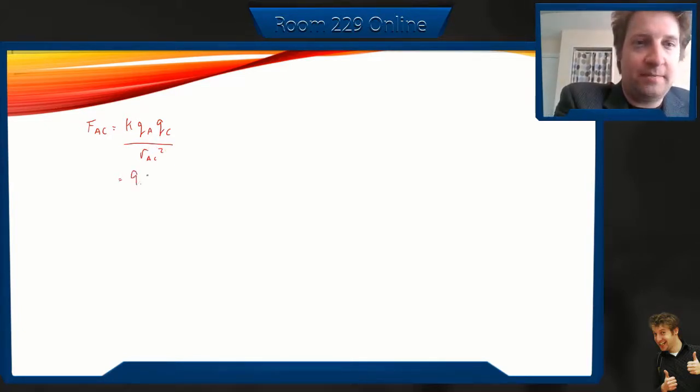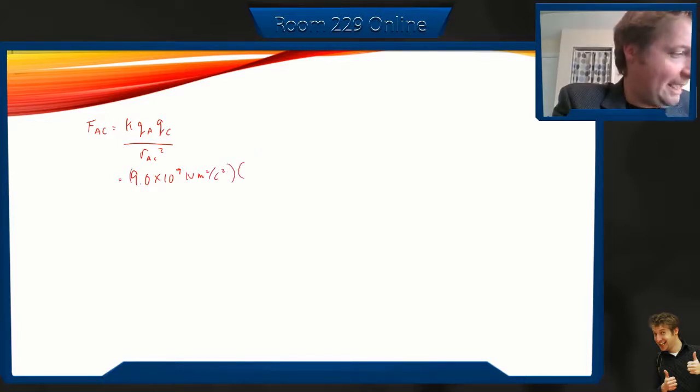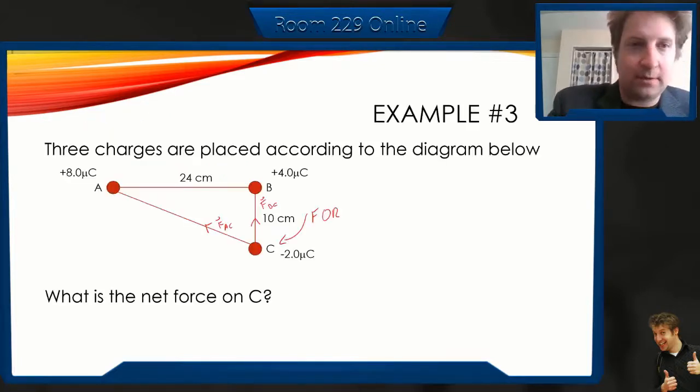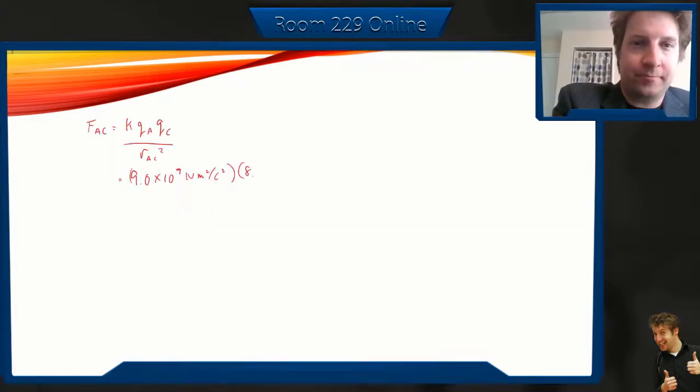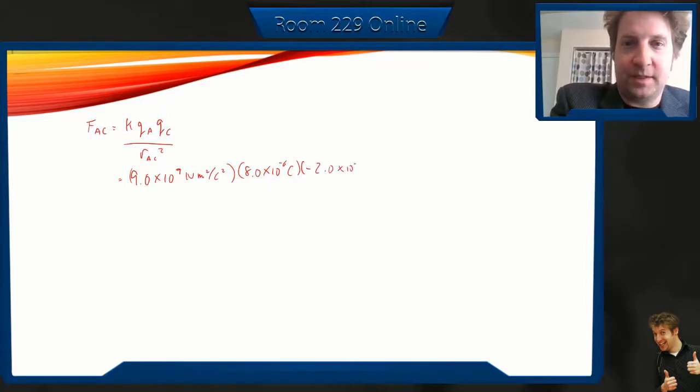That's going to be 9 times 10 to the 9 Newton meters squared per Coulomb squared, multiplied by the charge on A. A is 8, is it not? 8 times 10 to the negative 6 coulombs, multiplied by negative 2 times 10 to the negative 6 coulombs.